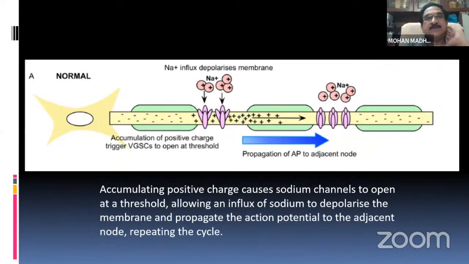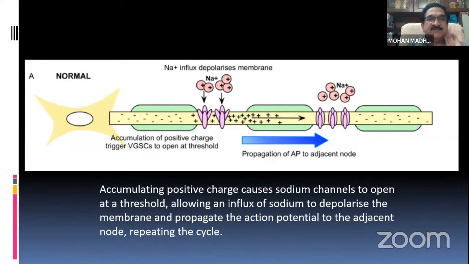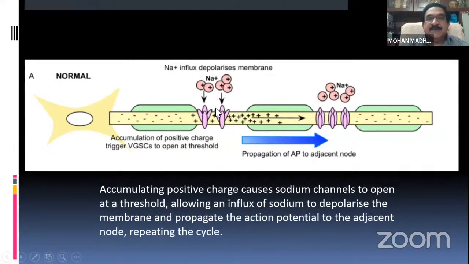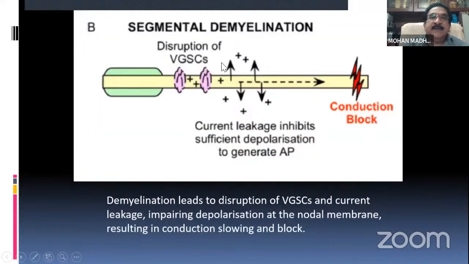These are the cartoons which show the normal conduction, which is accumulating positive charge at the node, causing depolarization, and the flux of sodium inside, the positive charge will activate the next node and produce a propagating action potential in a fast manner. When there is a demyelination, what happens?